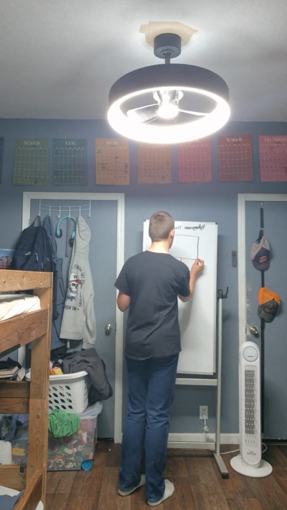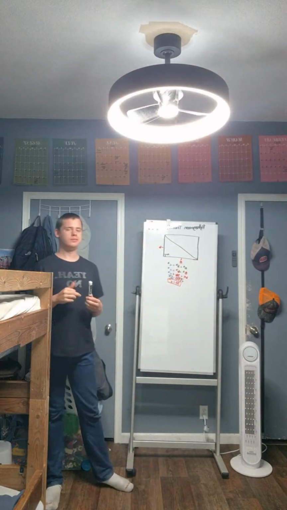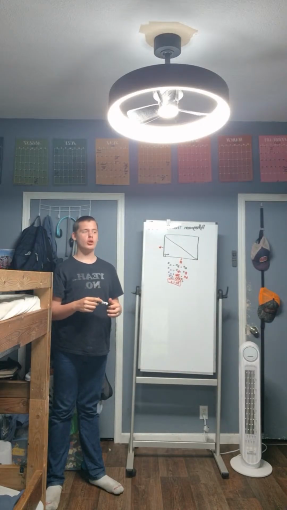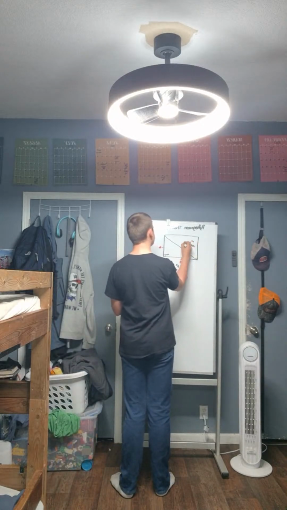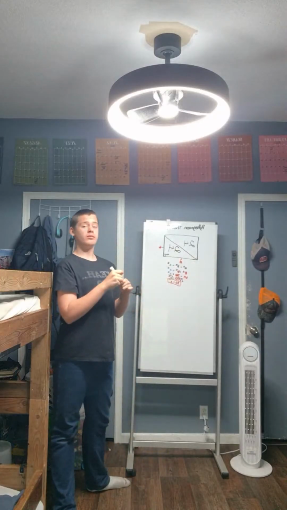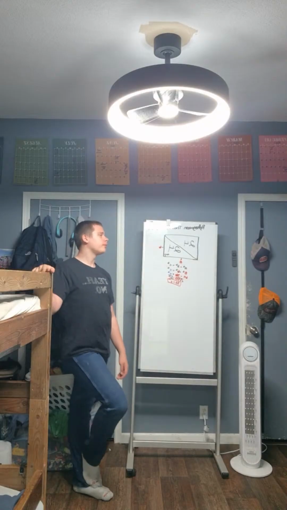So this would just be a perfect triangle. 24 square units. So this would be 24, and this would be 24. What's 24 plus 24? 48. So now we're just done with that.